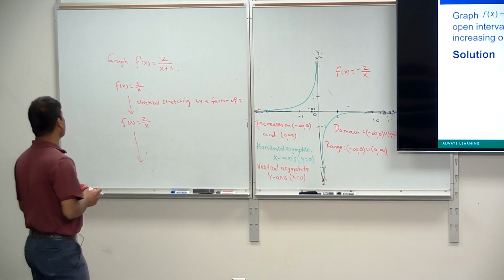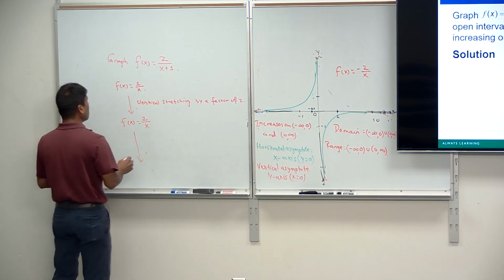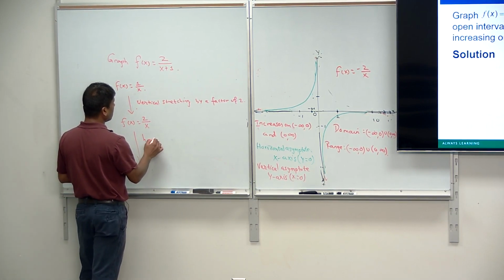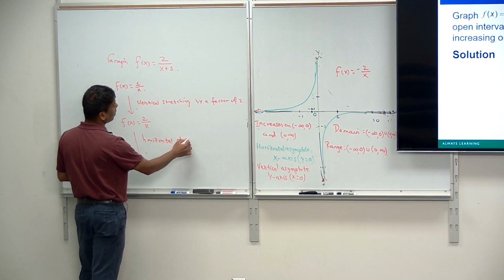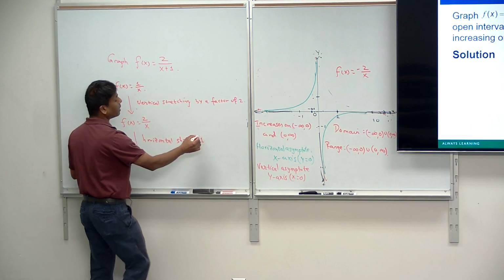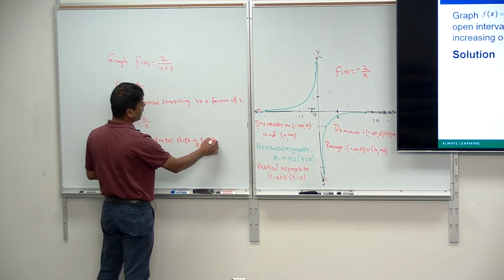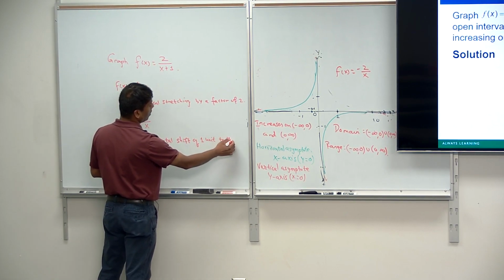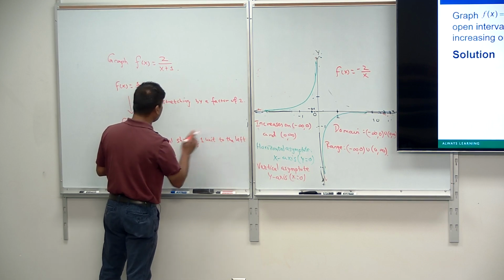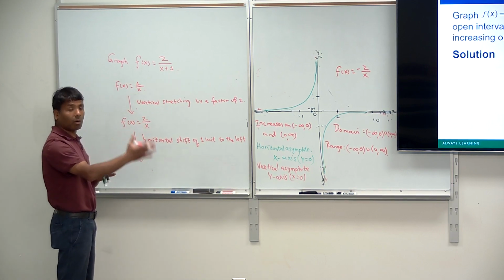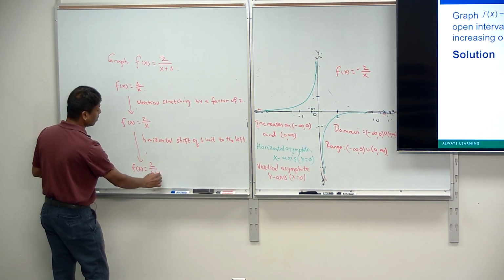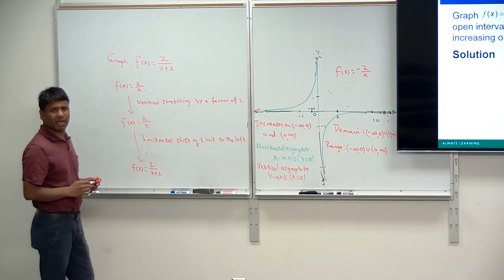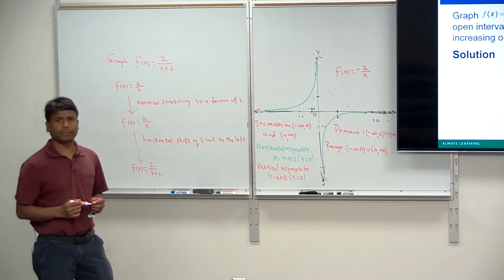So a horizontal shift of 1 unit to the left, or shift the graph horizontally left 1 unit, then you will have the graph of f(x) equal to what? 2 over x plus 1. See that? Yeah.